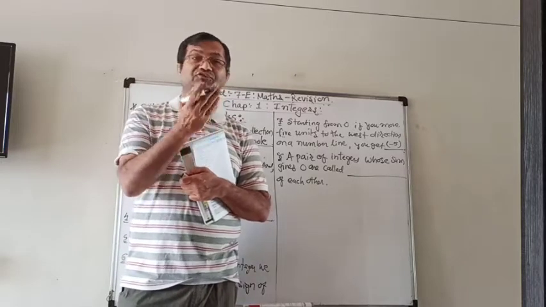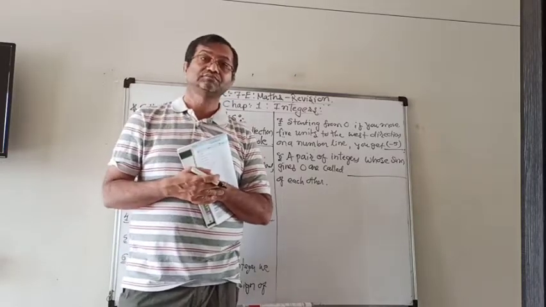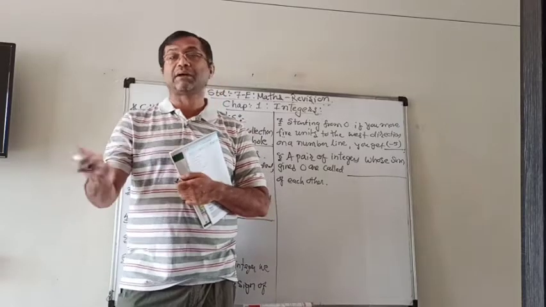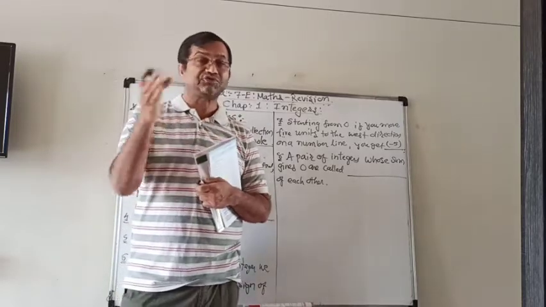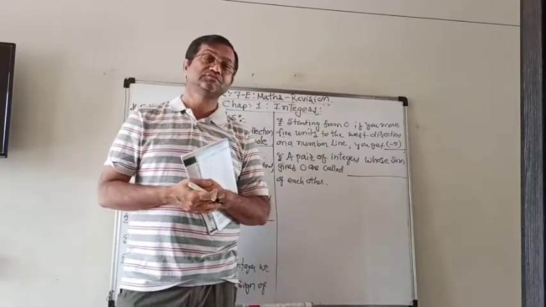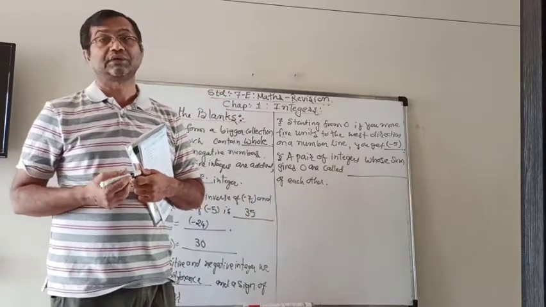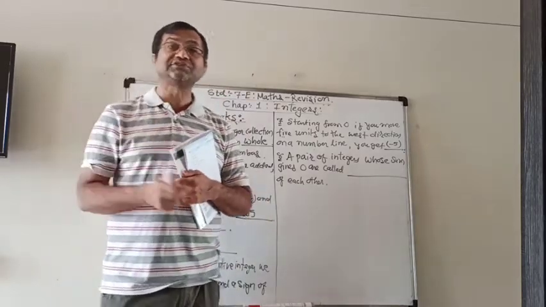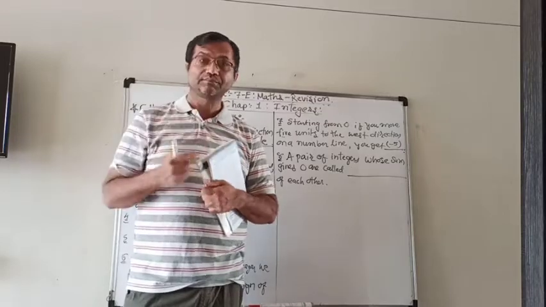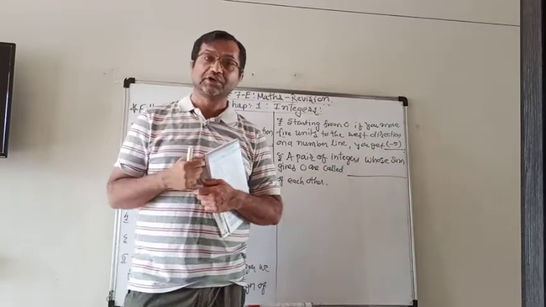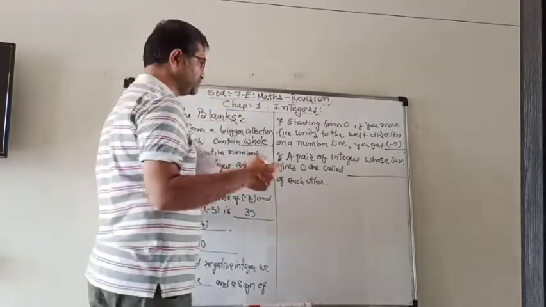For example, if you add 5 and -5, 0. 9 and -9, 0. -15 and 15, 0. So what are they called? They are either called opposite numbers or additive inverse. You can use any word.